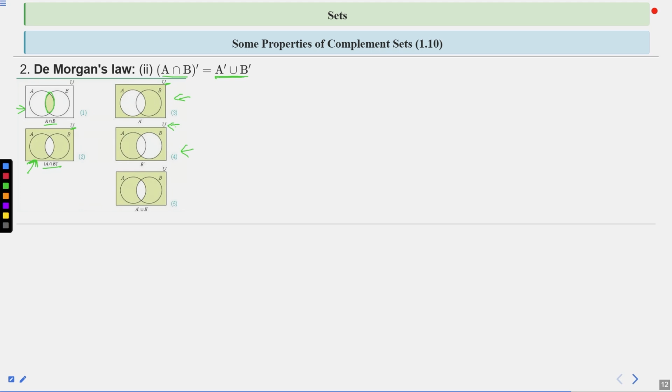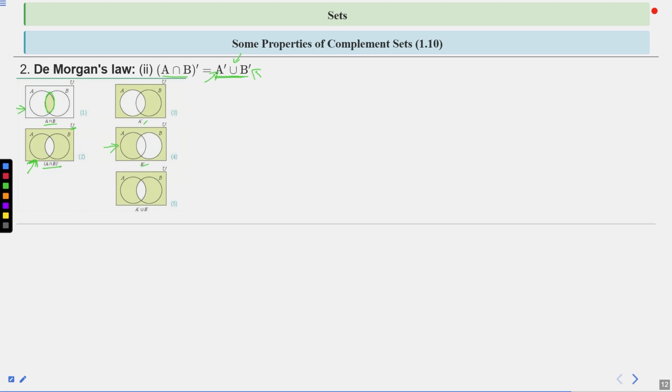Now you are doing union, meaning you are taking the shaded parts. Union says you have to collect all the elements which belong to A complement or belong to B complement. All the elements shaded here belong to A complement, and these shaded elements here belong to B complement.